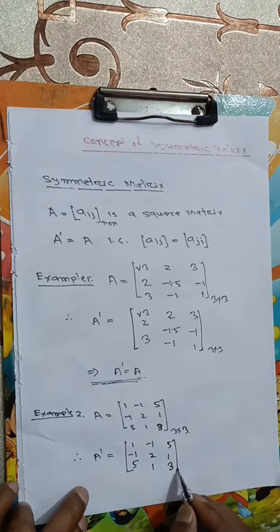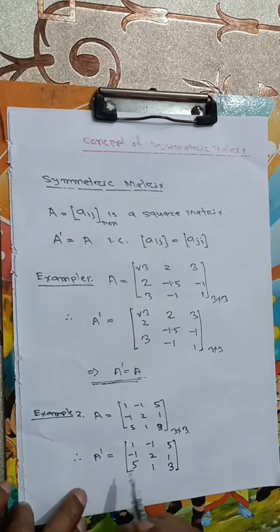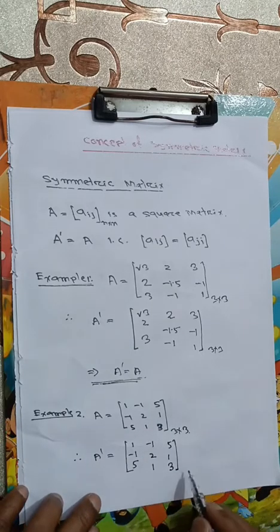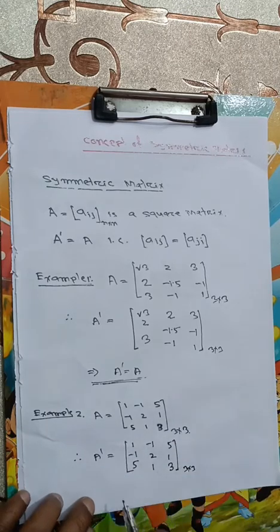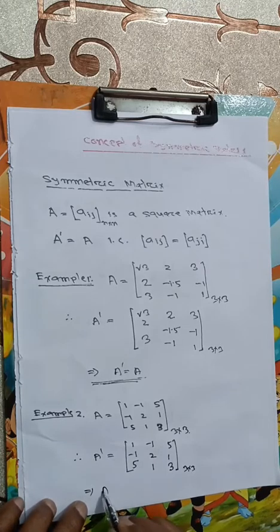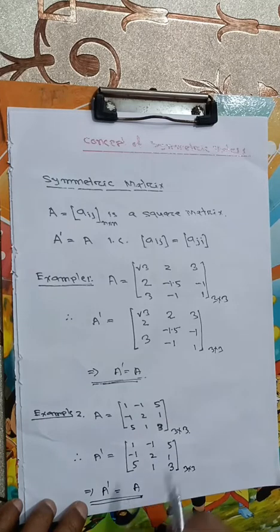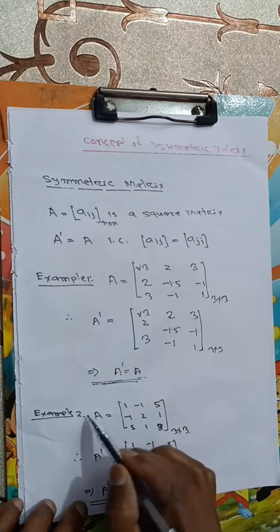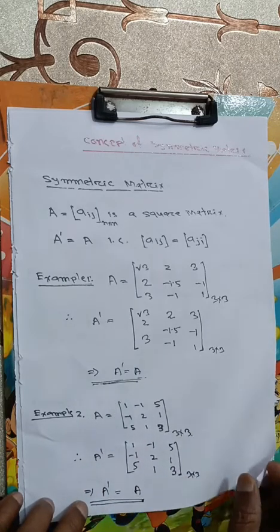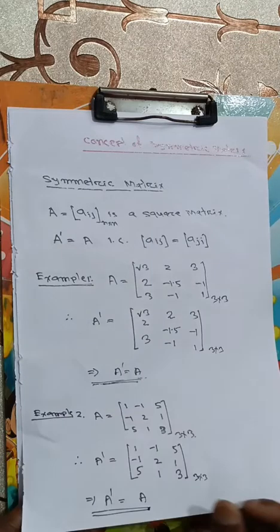Then we get a matrix which is denoted by A dash. But we observe that this matrix and this matrix are nothing but the same. Corresponding elements are the same, so these matrices are equal. That means A dash equal to A. That is the definition of a symmetric matrix. Since A dash equal to A, we can say the matrix A is a symmetric matrix. In this way, we can clear the concept of a symmetric matrix.